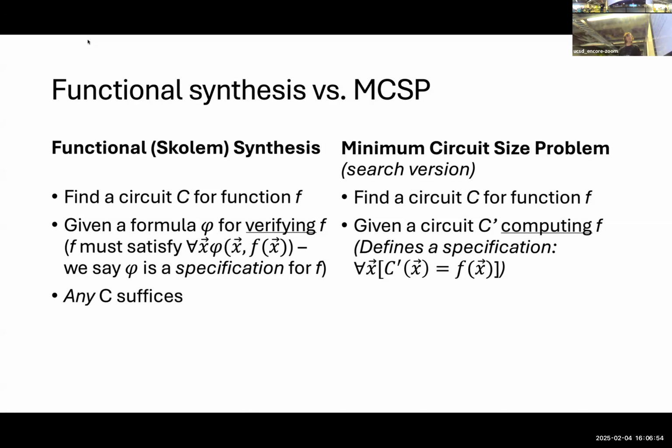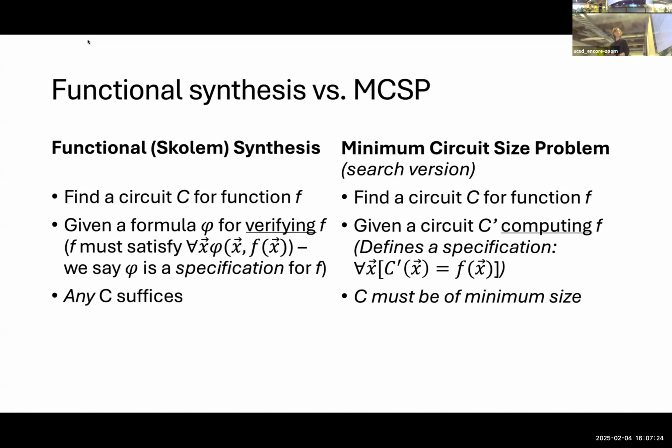But for functional synthesis, any circuit suffices, whereas of course for MCSP, you want a minimum size circuit. Okay. So on the one hand, I'm not actually given a circuit computing the function, because then that would be trivial for me, but I only have the verifier, but I don't have to output something of minimum size here. Okay. However, circuit size will play a key role later in the talk.